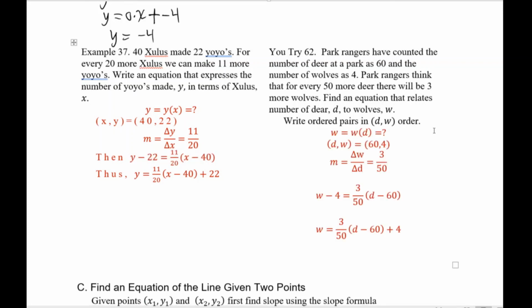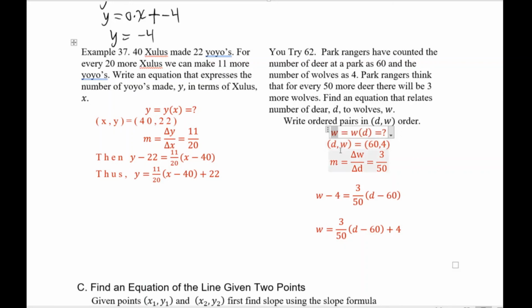Because this does not include the phrase writing d in terms of w, or write w in terms of d, it explicitly had to tell us which order to write these in here. So if w is my second number, or second coordinate, then we're going to write this solved for w.